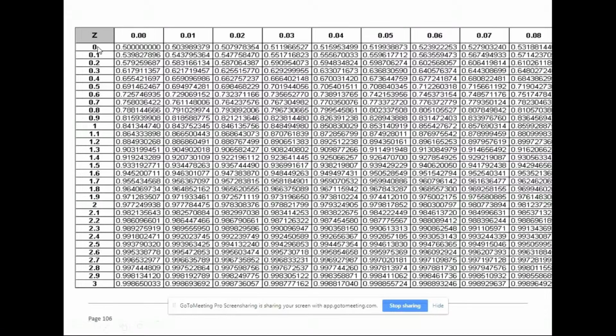For example, how you read it: this value is 0.00, this value is 0.01, this is 0.10, 0.11, 0.12, 0.13, and so on. This is how you would read it. We wanted to find out 2.17, so 2.1, and 7 gives 0.9849966631.